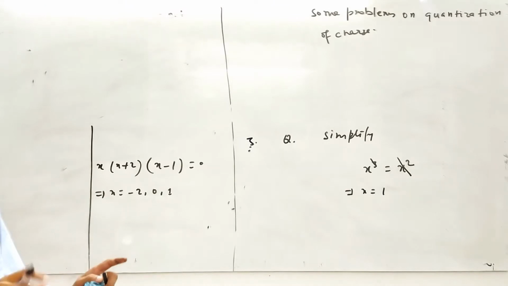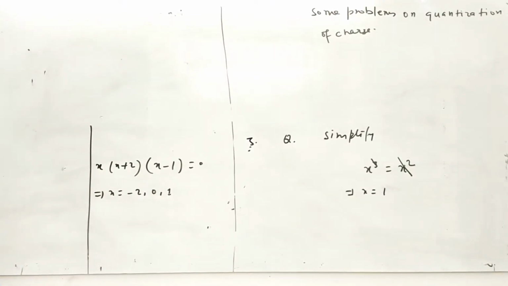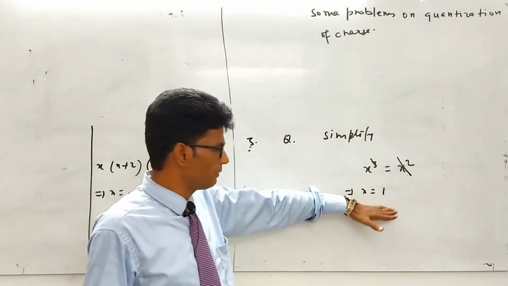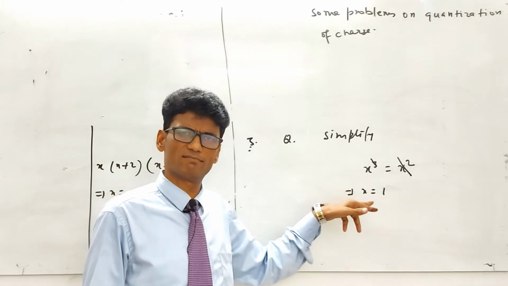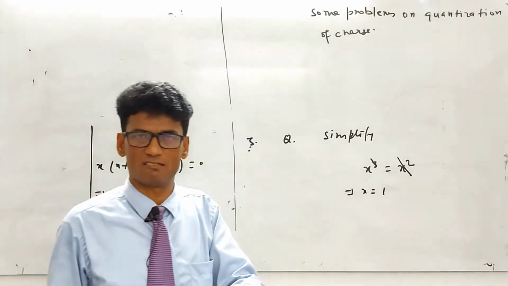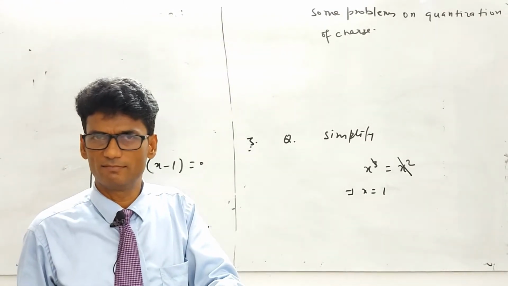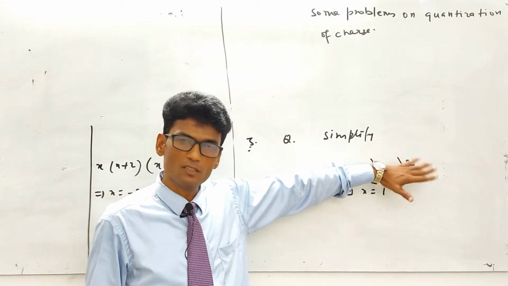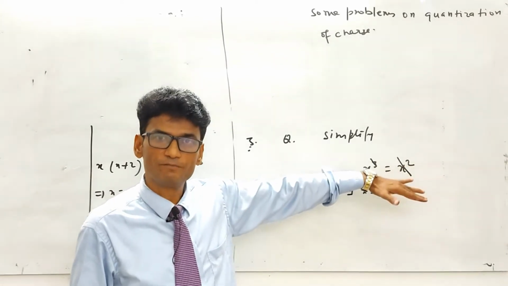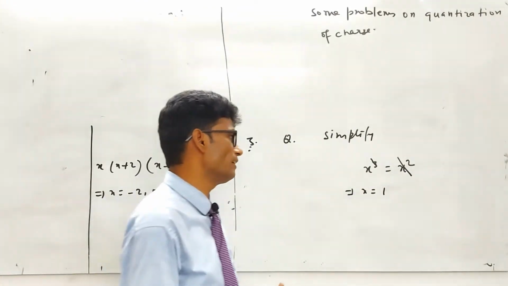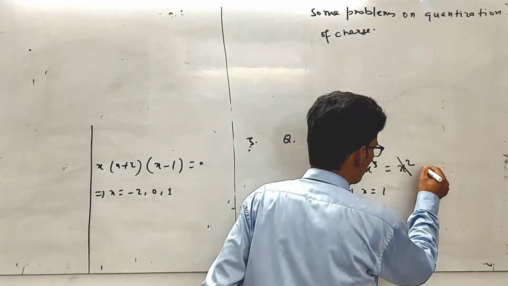That is the simplification, but it is the wrong simplification. Let us see how. You obtained it by dividing both the sides by x square, and division by x square is not allowed. Nothing has been stated about x, so it is not permissible to do the simplification. So this is the final answer; we cannot simplify it further.